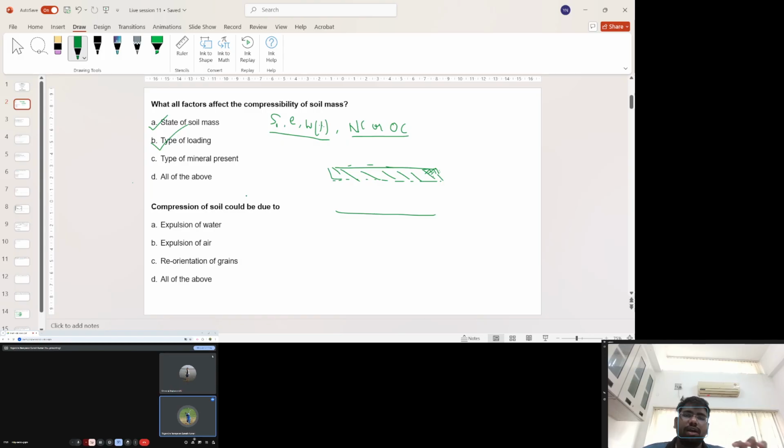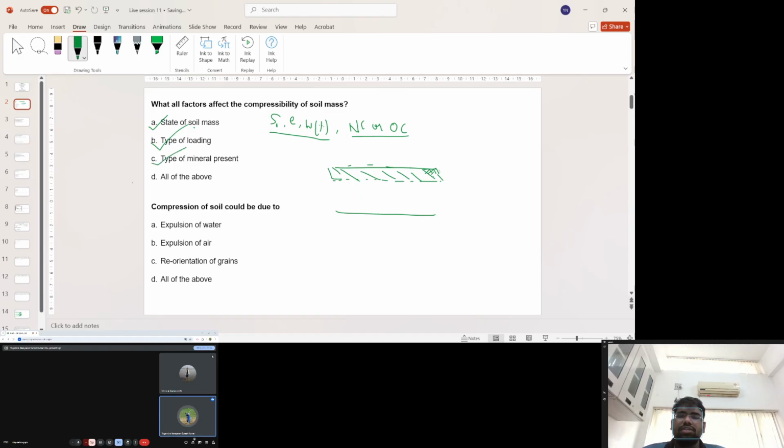But compressibility essentially is the macro phenomena that we observe outside. But the micro mechanics which governs these processes are micro level properties, or properties of the grains, properties of the soil mass in the existing state, are these three.